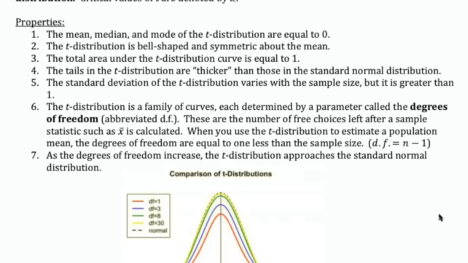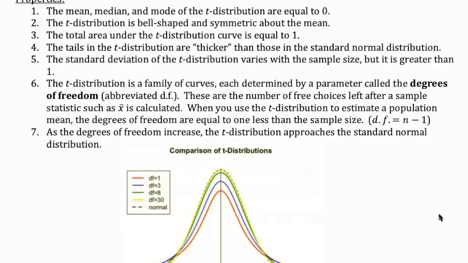Here are the properties of t-distributions. The mean, median, and mode will all be equal to 0. The t-distribution will be bell-shaped and symmetric about the mean, and the total area under the curve is equal to 1, just like it was for a normal distribution. The key difference here is the tails, or the low parts of the graph, are thicker than those in the standard normal distribution.